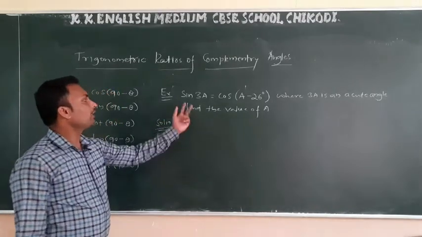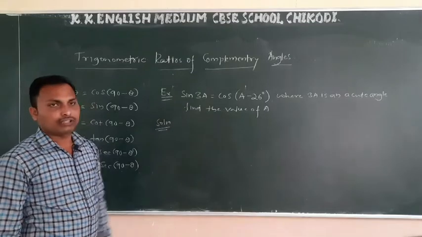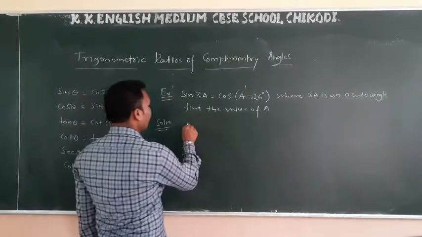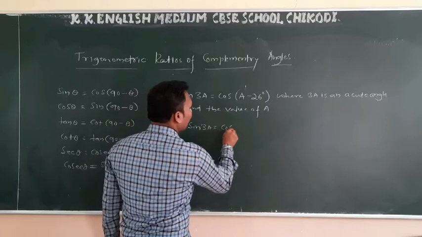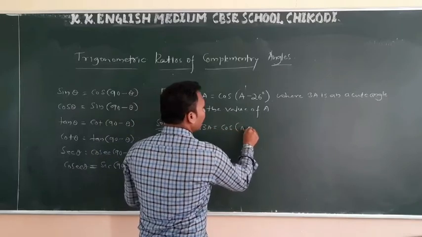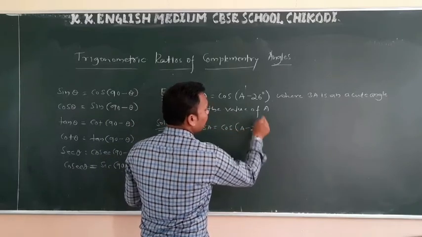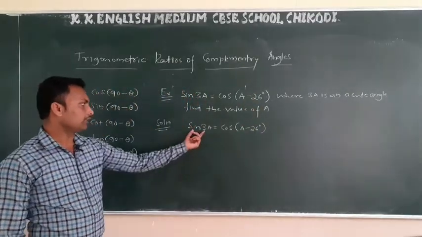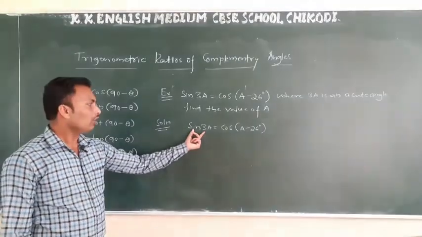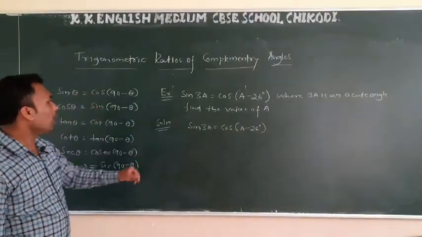Solution. Given: sine of 3A is equal to cos of A minus 26 degrees. Now sine of 3A you can convert into cos.